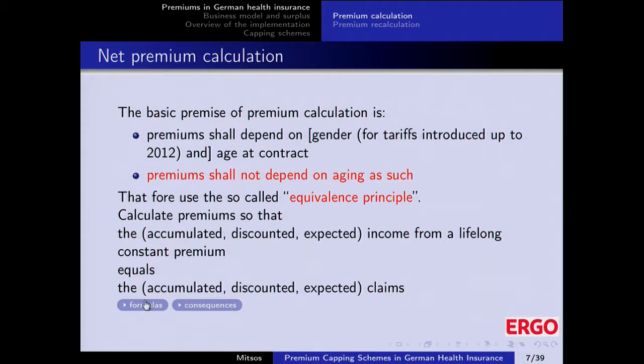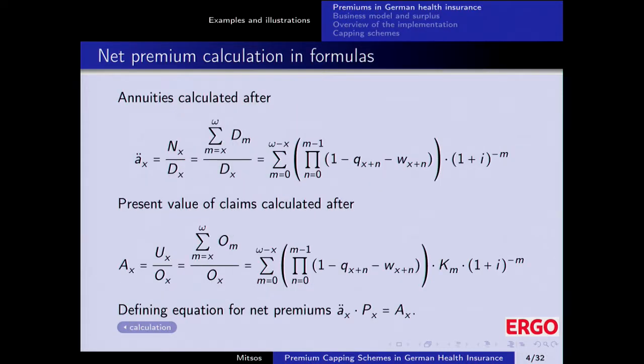I'll flash the formula. Do not try to memorize it, but everybody who has worked in health insurance will see that this is boring standard. It's the absolute standard. And the premiums are defined by this equation. This is the premium, this is the present, the annuity, and this is the present value of claims.